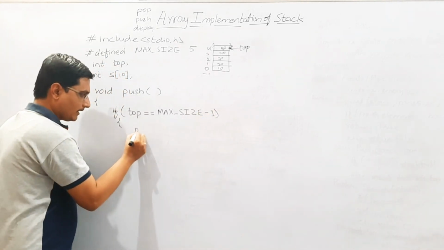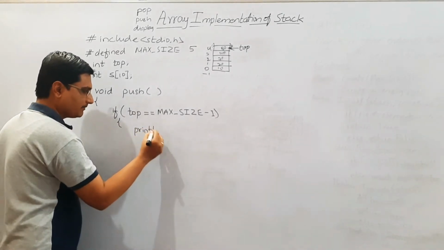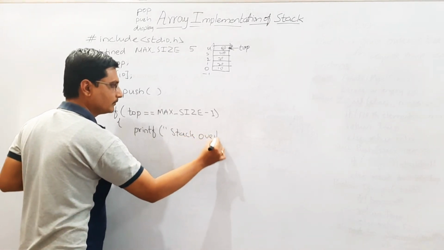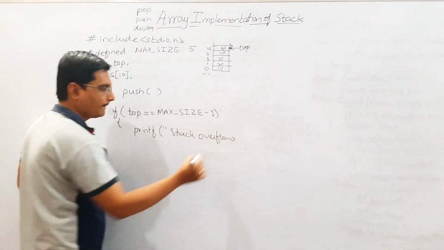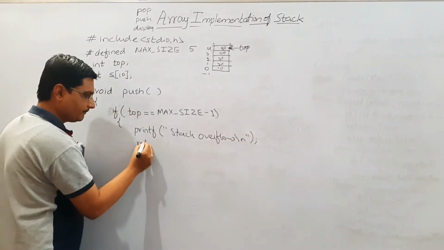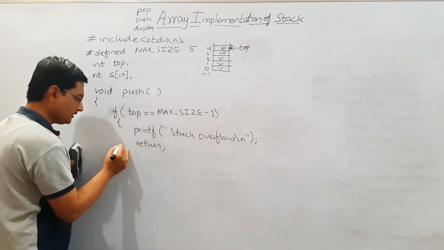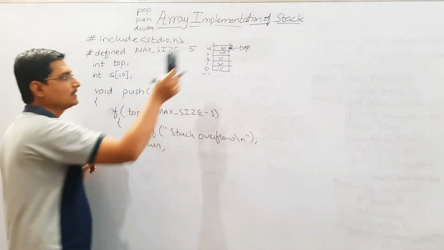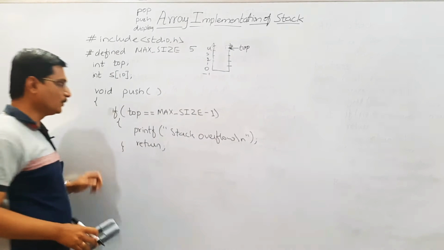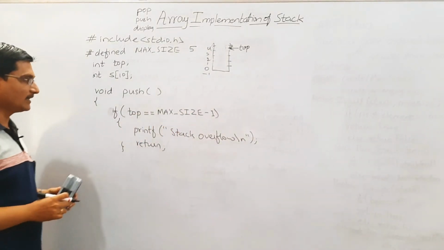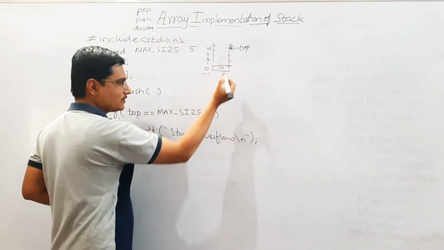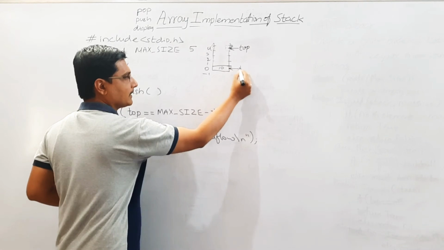Then I have to print some relevant message, that is, stack overflow, and I need to return from the function. Otherwise, if the stack is not full, that is, top is not pointing to maximum size minus 1, I can insert the element. Say 10 is already inserted, top will be pointing here.